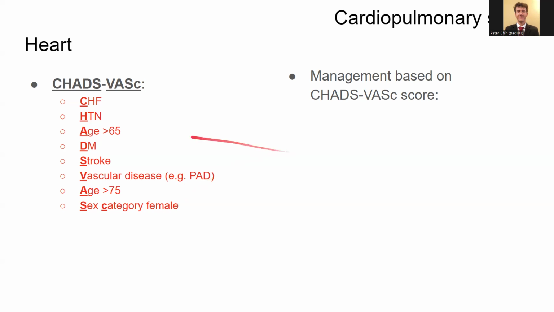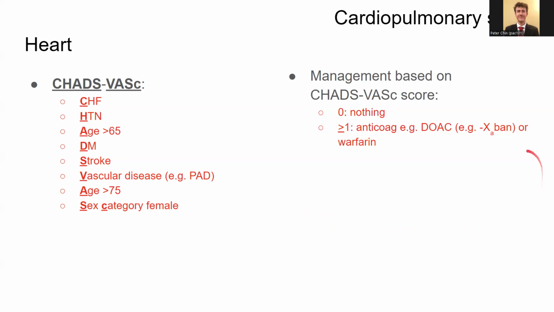Based on how many of these boxes you check, that score determines the long-term management, not related to the arrhythmia itself. So if they have none of these features, then you don't really need to do anything aside from control the rhythm. But if they have at least 1 point in the CHADS-VASc score, then you want to consider anticoagulation, like a direct acting oral anticoagulant, or DOAC, like rivaroxaban or any other medication that ends in Xa or Xaban.